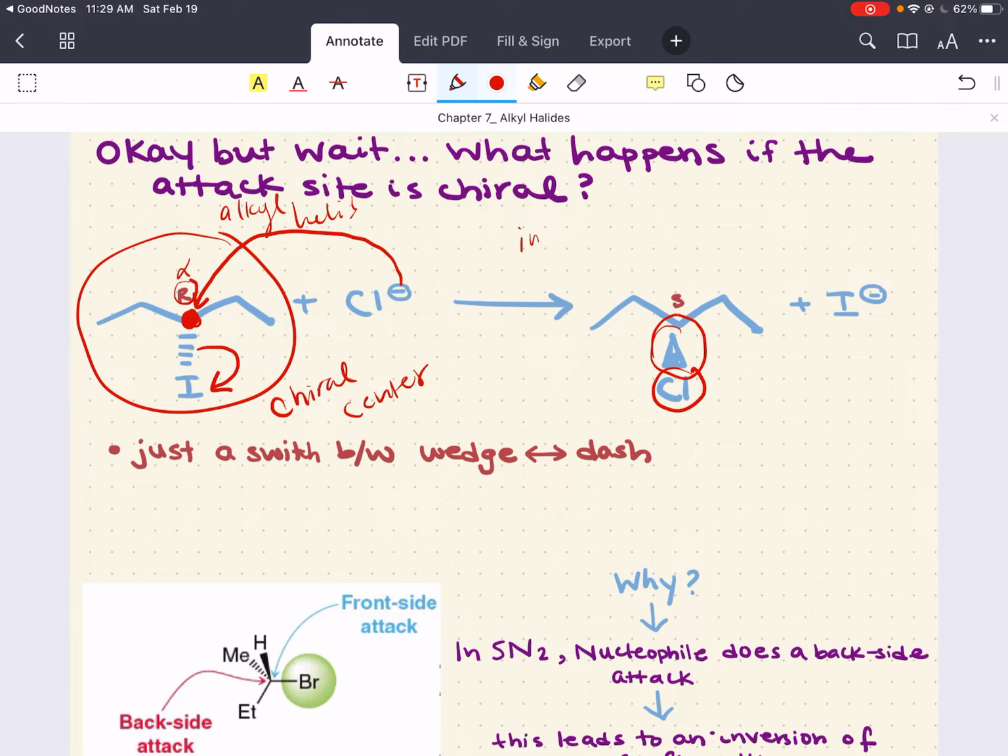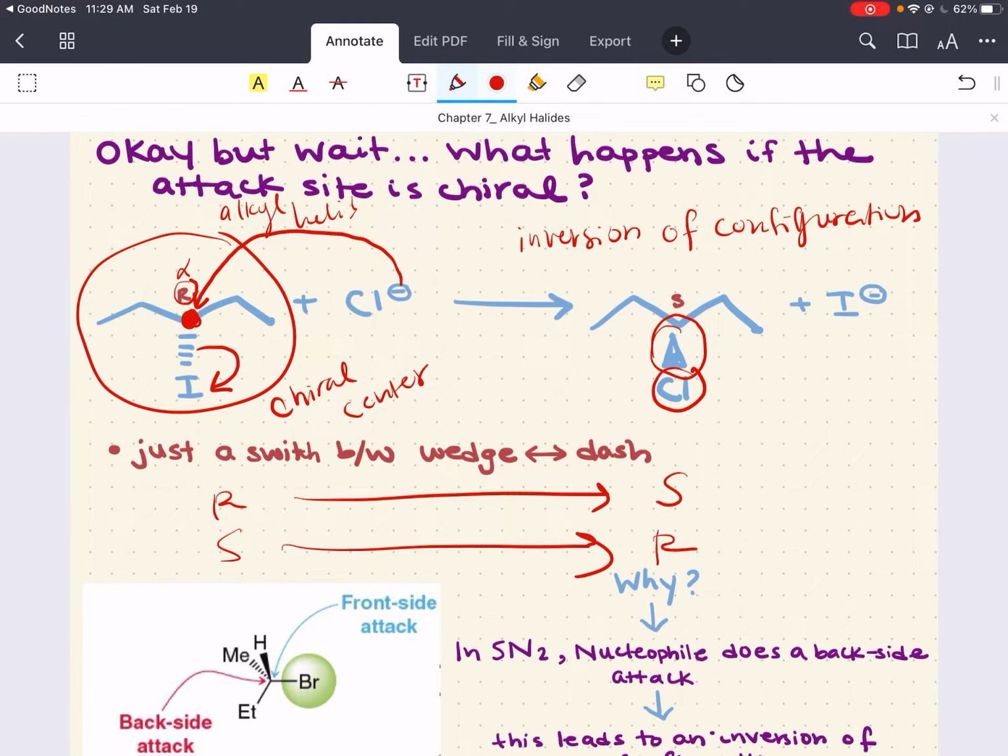Hence why SN2 proceeds via inversion of configuration. So if you're doing an SN2 reaction at a chiral center, your product will have the opposite configuration. If you start with R, you'll get S. If you start with S, your product will be R.